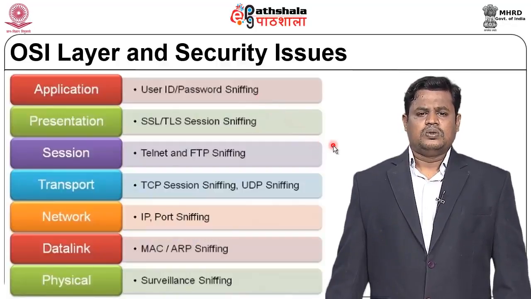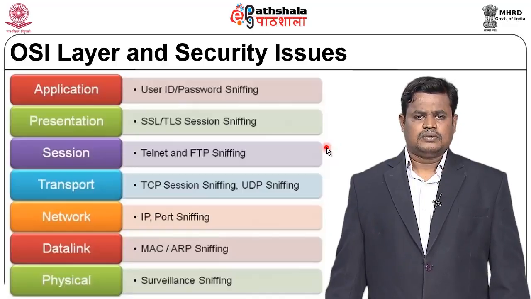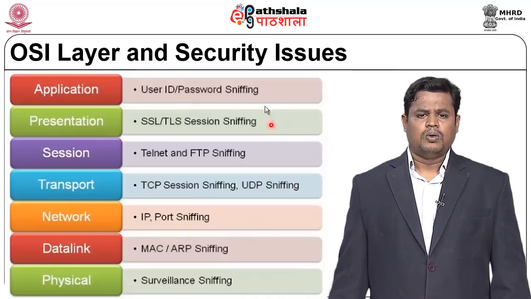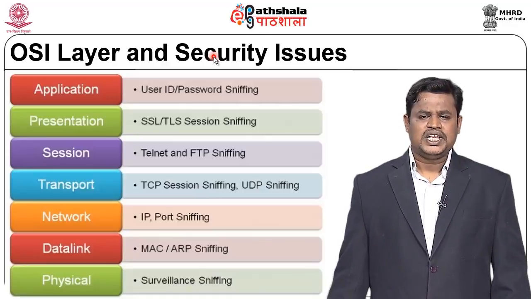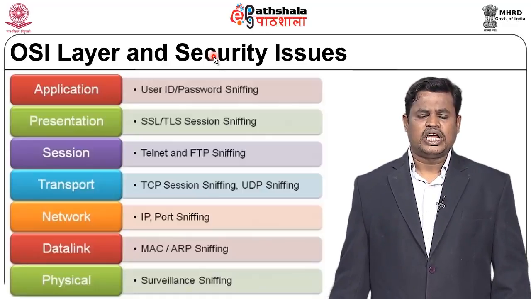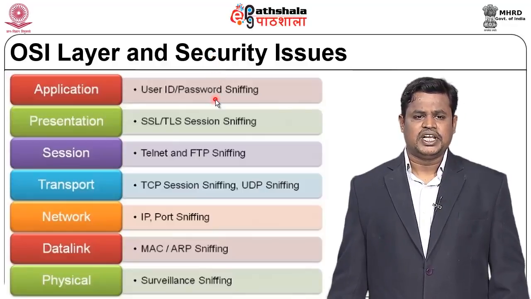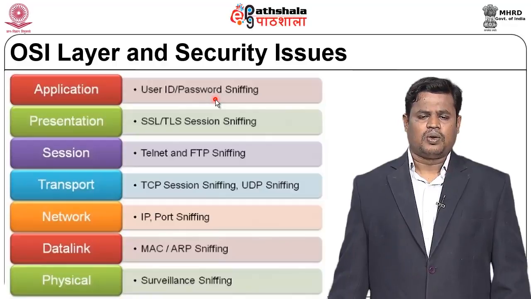So now we understand the role of each and every layer. It is time to know, if I am going to use the OSI model or TCP model without any security support, what issues I will face. What security issues are related to each and every layer of the OSI model?